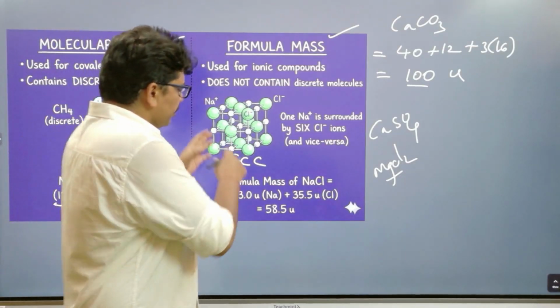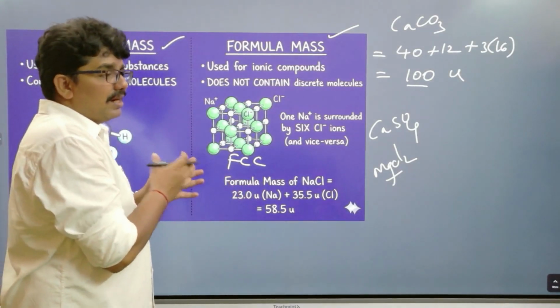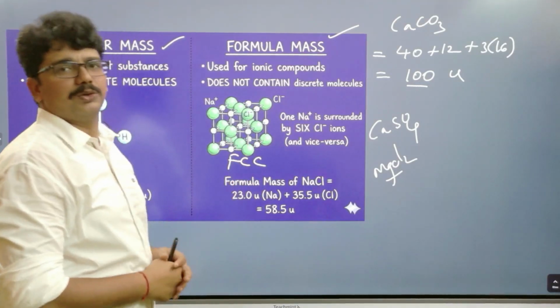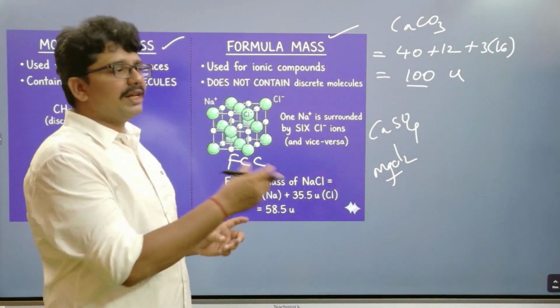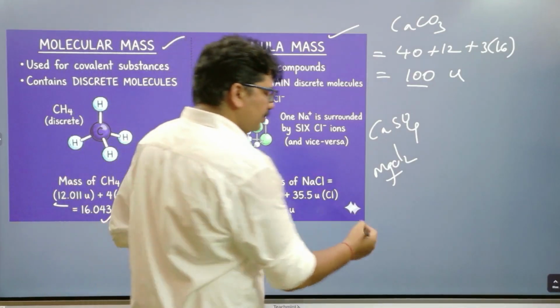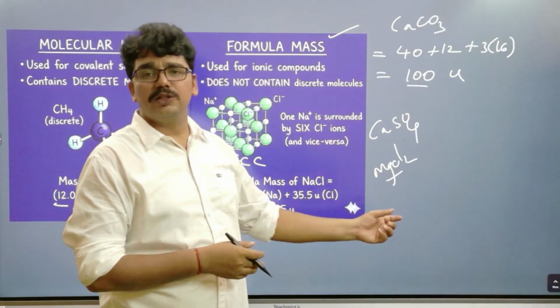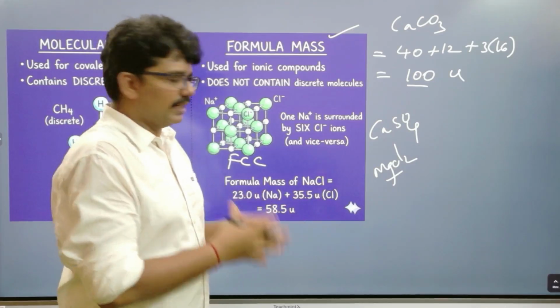Now take one unit cell or bulk of sodium chloride, and take the ratio of the total number of Na plus ions to the total number of Cl minus ions. You will get the same number. The number of Na plus ions will be equal to the number of Cl minus ions in any amount of sodium chloride crystal.